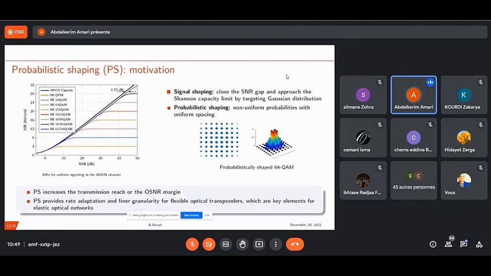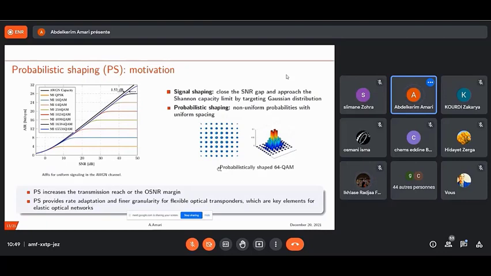Constellation shaping aims to close the gap with the channel capacity and improve the performance by up to 1.53 dB. There are two types of constellation shaping: geometric shaping, which uses non-uniform spacing between the symbols, and probabilistic shaping, which uses non-uniform probabilities with uniform spacing.